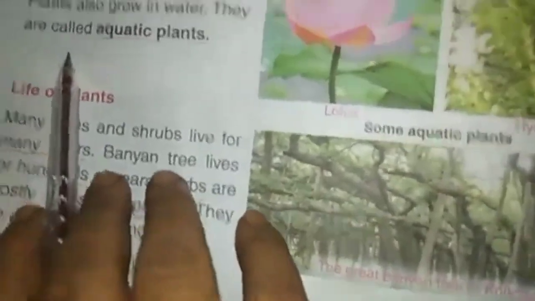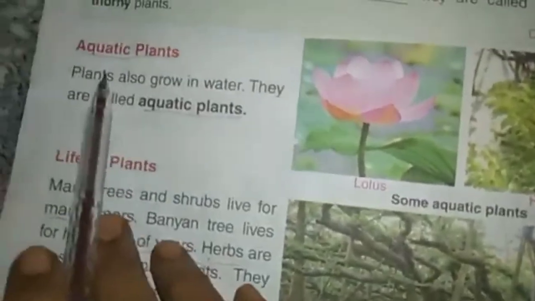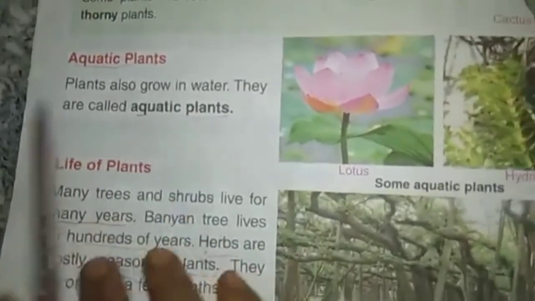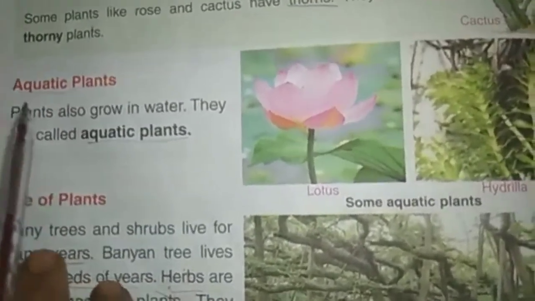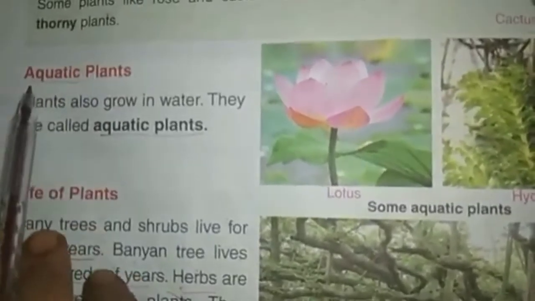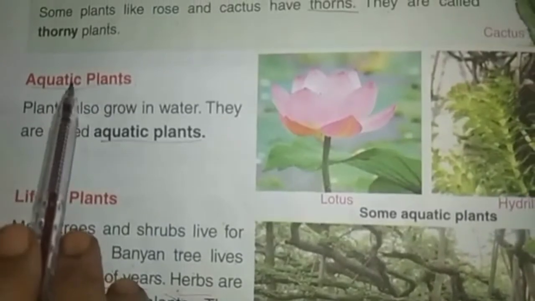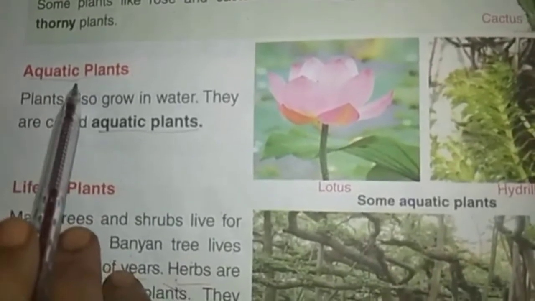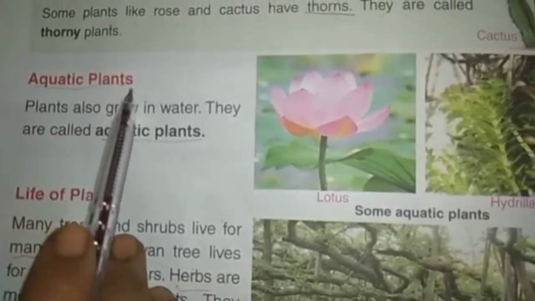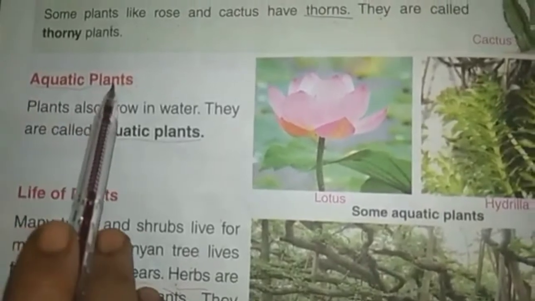Next one, aquatic plants. What is it? A-Q-U-A-T-I-C, aquatic. P-L-A-N-T-S, aquatic plants.